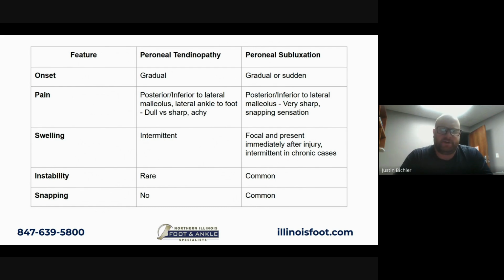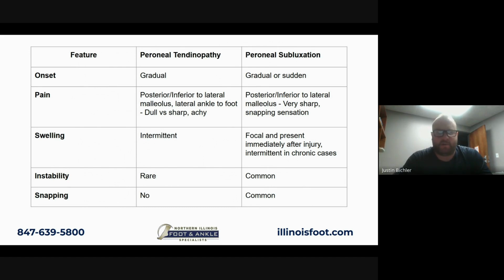Instability is pretty unusual with peroneal tendinopathy, but not out of the realm of possibility. Whereas one of the key features of peroneal subluxation is inherent instability of the lateral ankle, not necessarily of the lateral ankle ligaments, but that sensation of instability from the tendons subluxing or displacing laterally around the distal fibula.